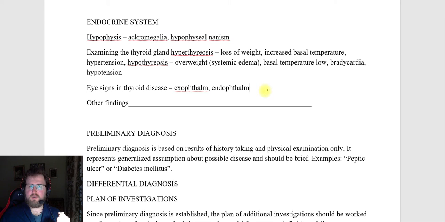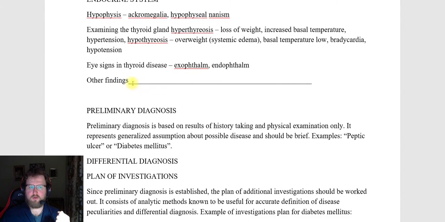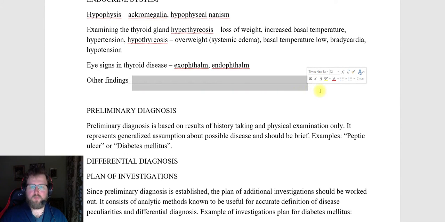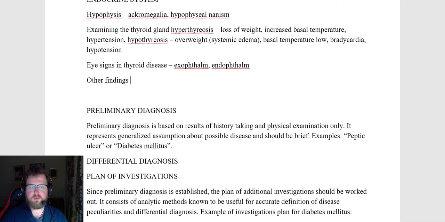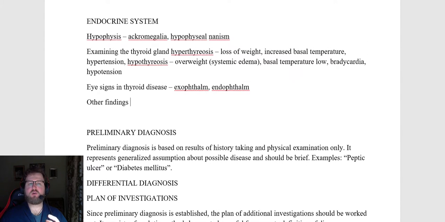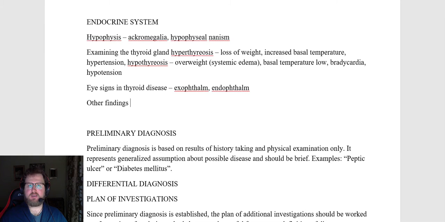Other findings which can be quite important when you are talking about the patient's endocrine status are visible signs of adrenal gland lesion.